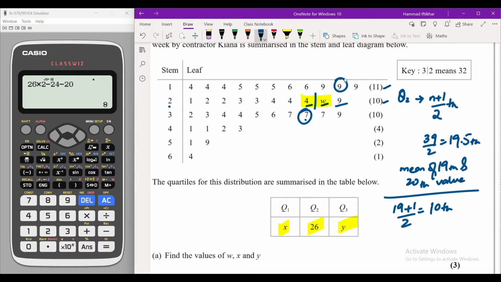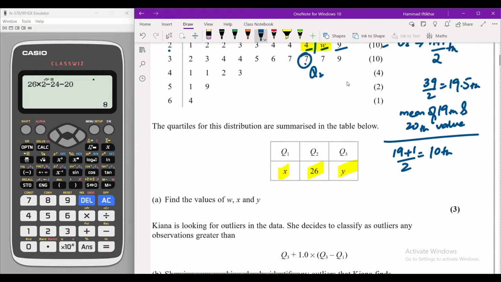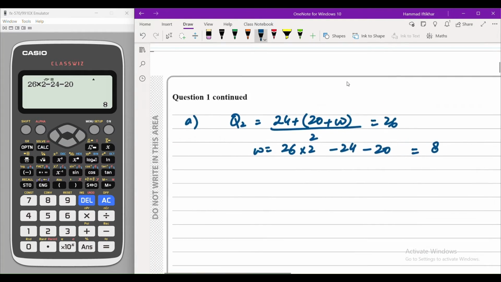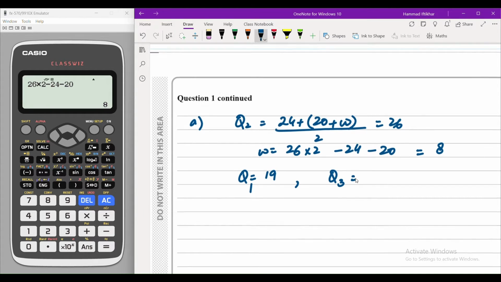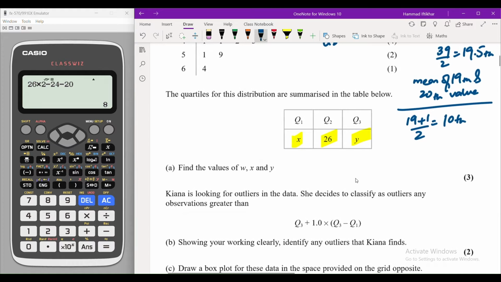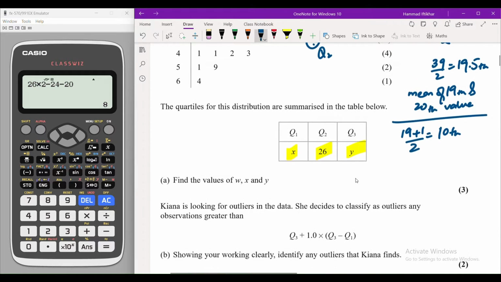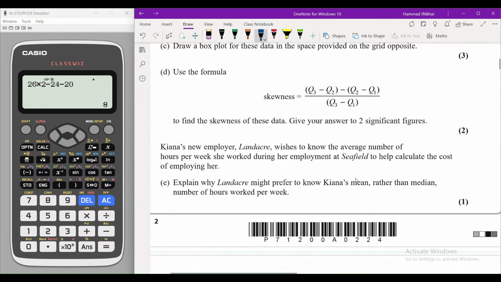This corresponds to Q1 and this corresponds to Q3. So Q1 is 19, X, and Q3 we just calculated, 37.